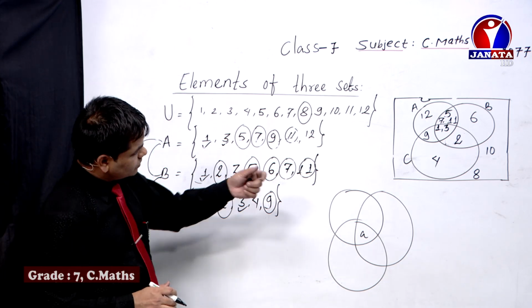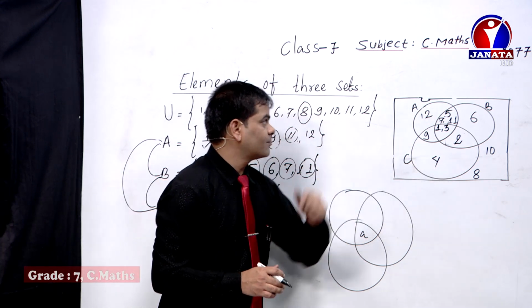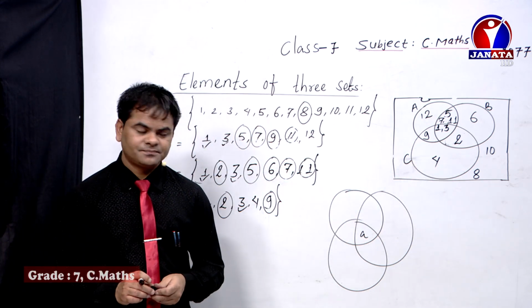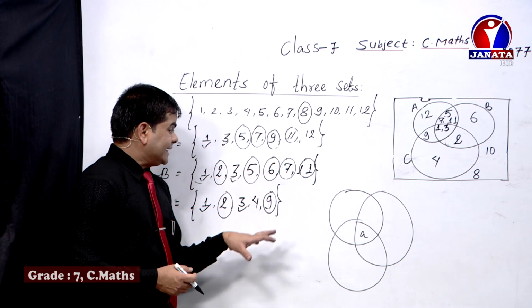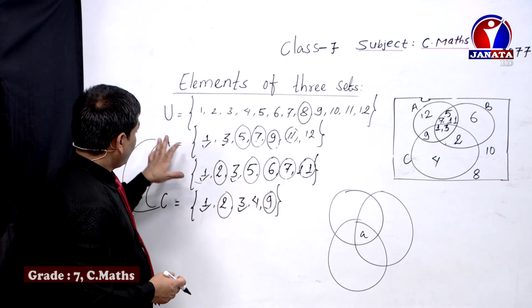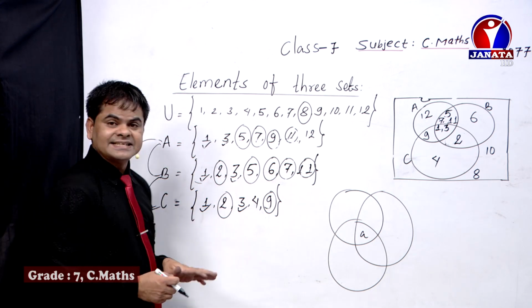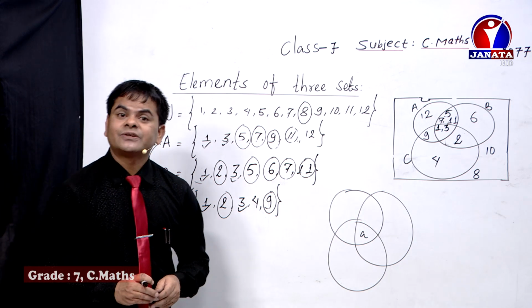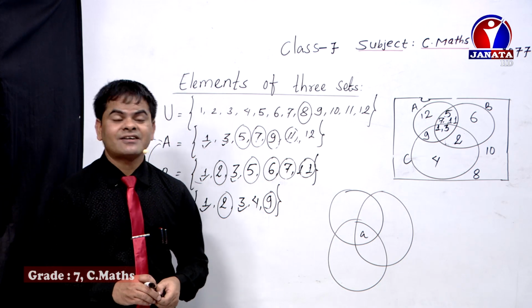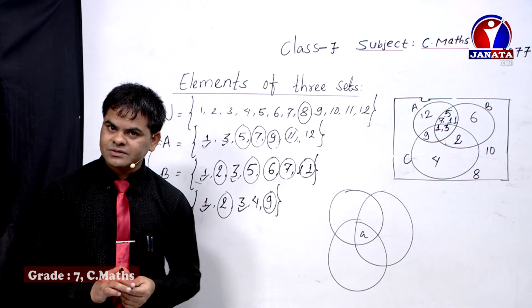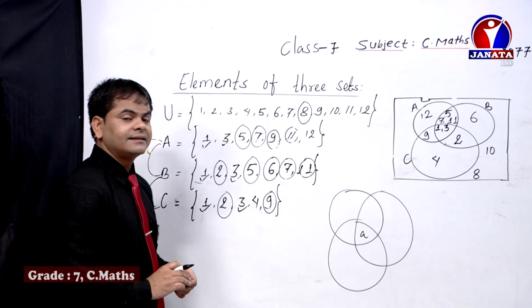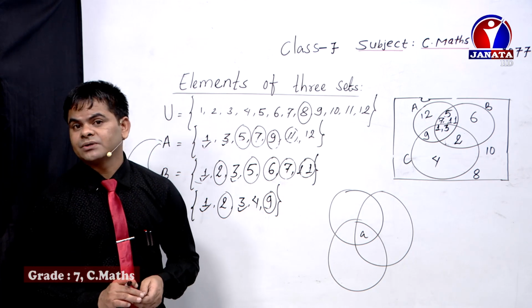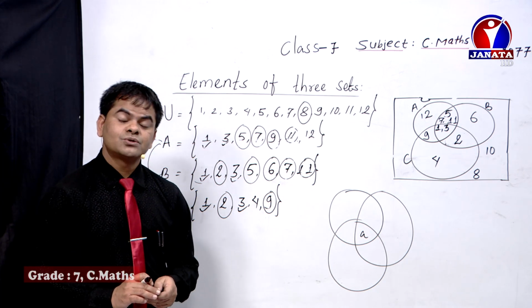So we took that one and plotted it in the place of only C. After completing the plotting of set A, set B and set C separately, now at last we need to see whether the elements of the universal set are adjusted in the Venn diagram or not. If not adjusted, then we need to adjust those remaining elements, dear students. We should not forget that.